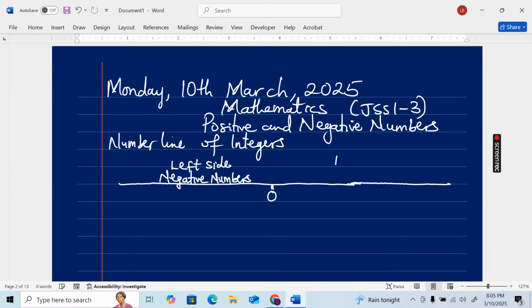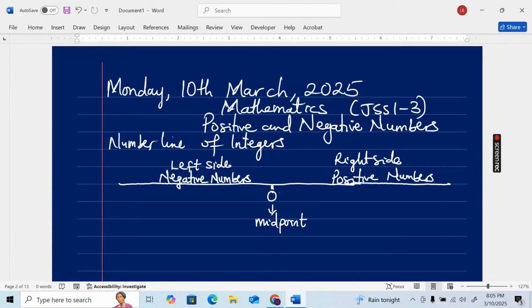On the right side of the number line, we have the positive numbers. Right here after the 0, now 0 is the midpoint. It is 0 that is separating the positive and the negative numbers.